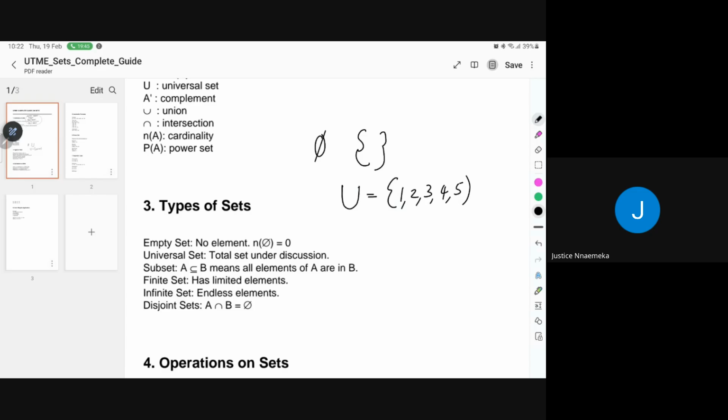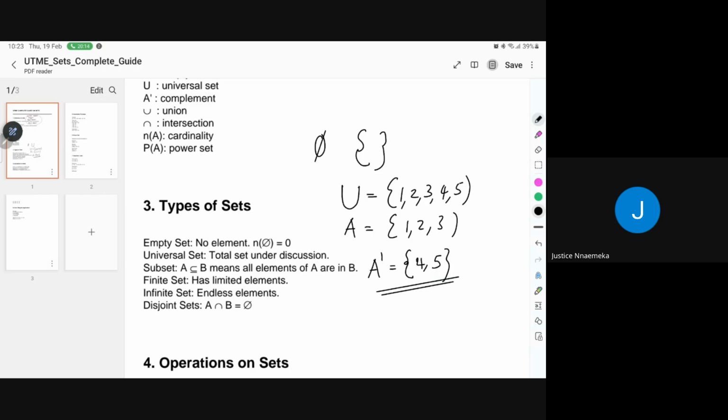And let's say I have another set A, and set A is equal to 1, 2, 3. Then complement of the set, A prime, is simply asking me what are those elements in U that are not in A. Do you understand? That's the complement. Those elements in U that I cannot see in A are 4 and 5. They represent the complement of a set.